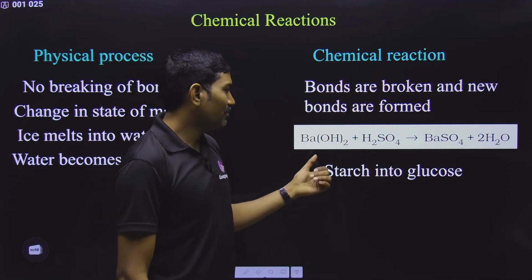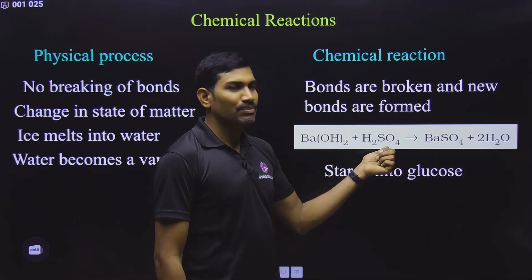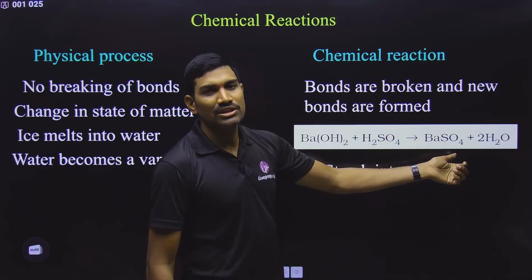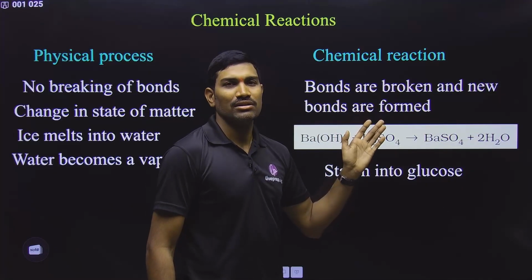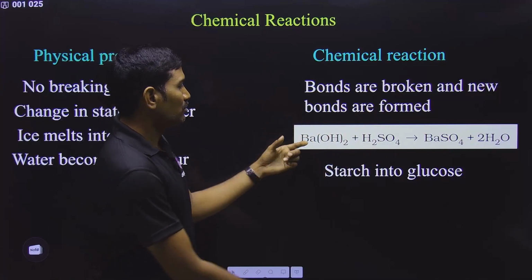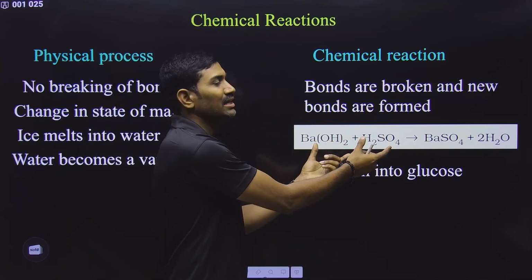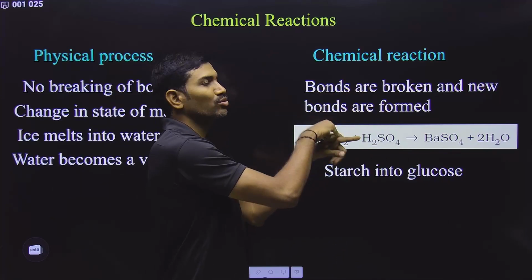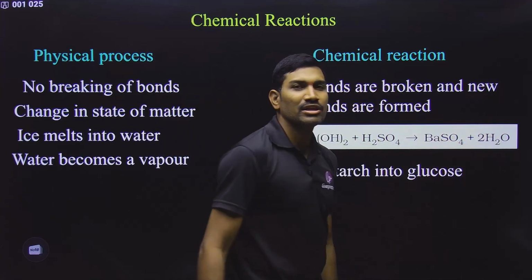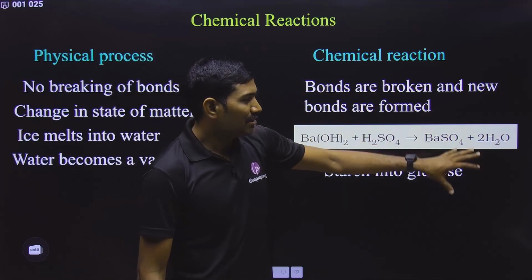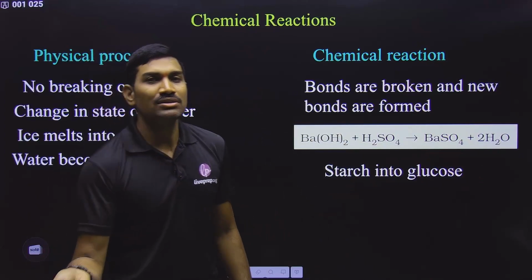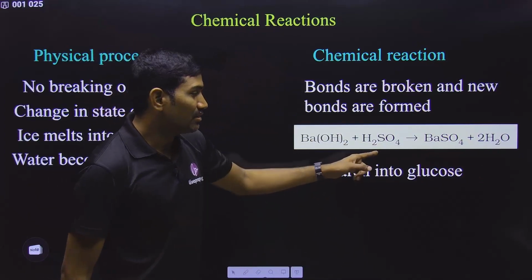In the NCERT, they have given one example. Barium hydroxide plus sulfuric acid gives rise to barium sulfate and water. So in this process, what happens? Initially there are some bonds present here, and these bonds have broken and the new bonds were formed. That's why it is forming the new product. So in this way, in a chemical reaction, breaking of bonds and making of bonds is taking place.